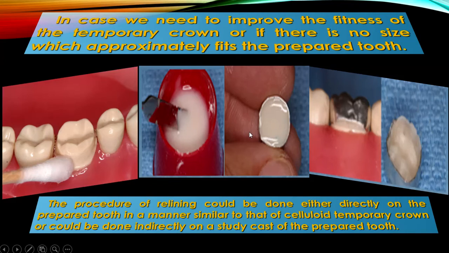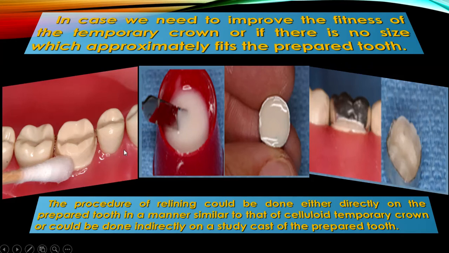What we are going to do is a procedure of relining of this tooth with acrylic resin, either directly on the prepared tooth or indirectly on the cast, on the die of the prepared tooth.